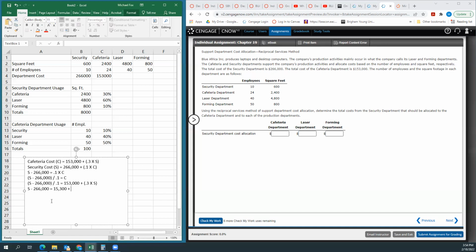So 0.3 times 0.1 is going to give me 0.03.